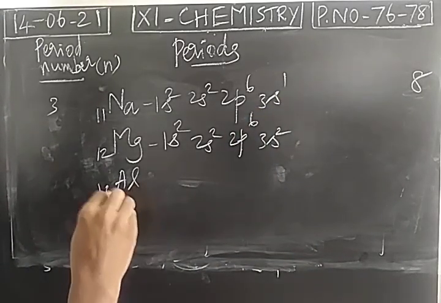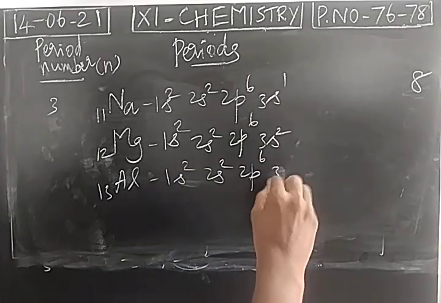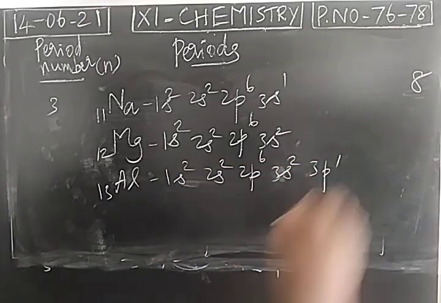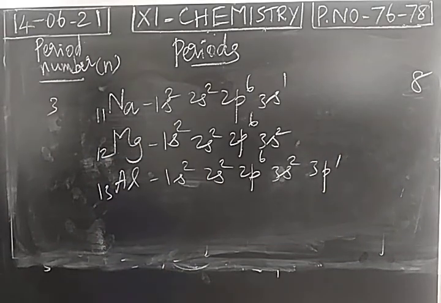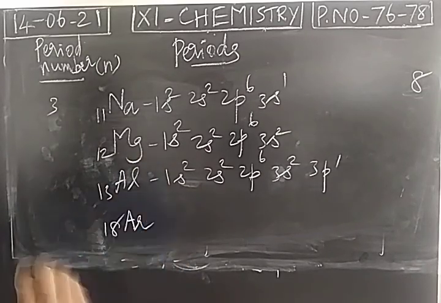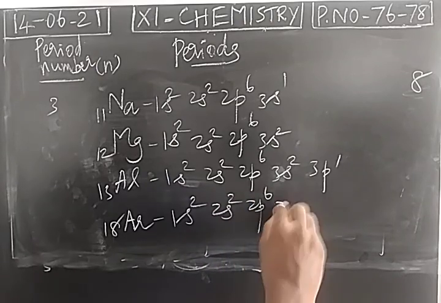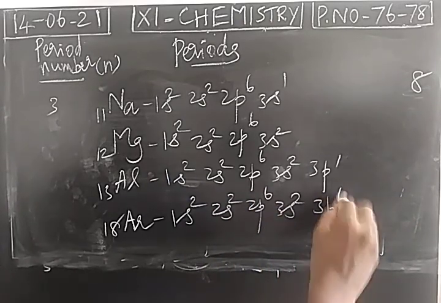Then aluminum, atomic number 13, 1s2, 2s2, 2p6, 3s2, 3p1. And like that it goes: silicon, phosphorus, sulfur, chlorine, and the last element is argon with atomic number 18, and it has a completely filled electronic configuration. All the orbitals are completely filled.